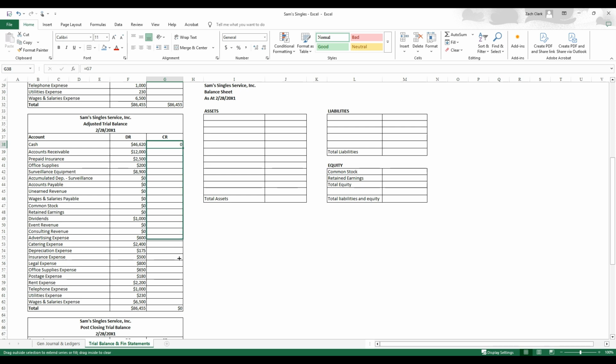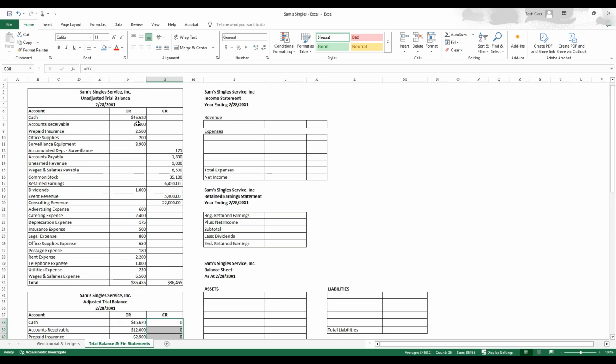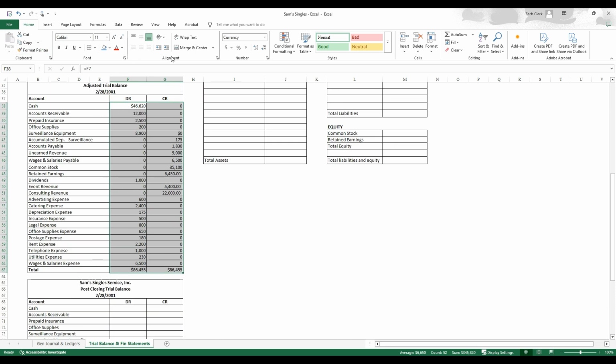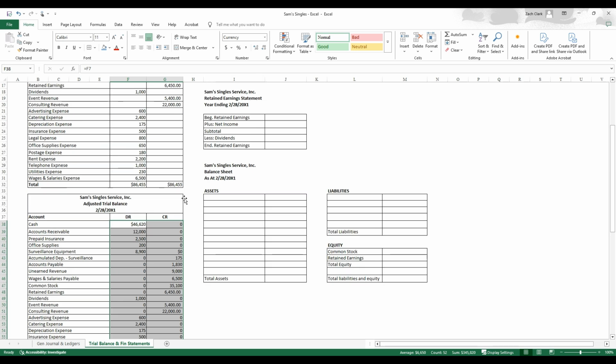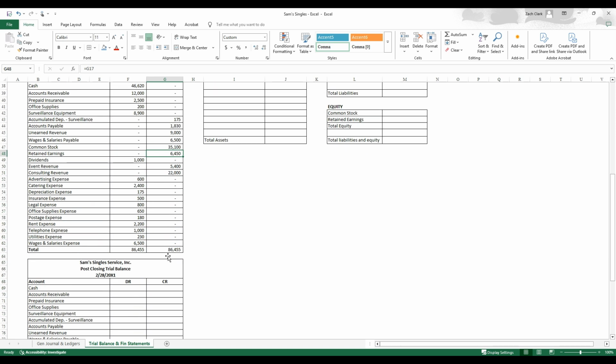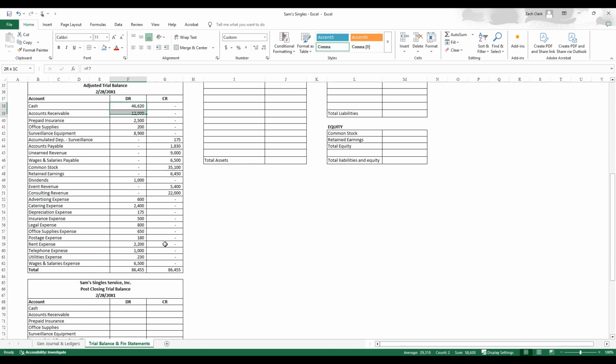It's got the same number of cells and everything. One thing we can do is just highlight all this and do our format painter. And then that basically gets us looking clean. Let's do that. Okay, and really all these, I'm just going to delete these zeros out. Debits and credits are equal. Awesome.